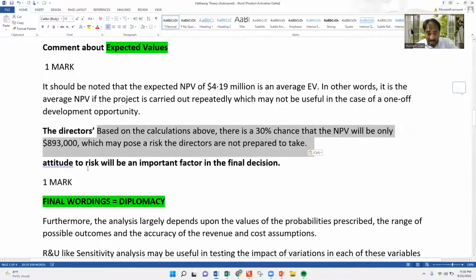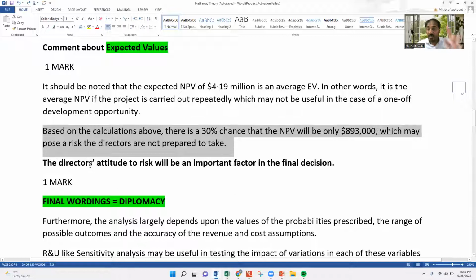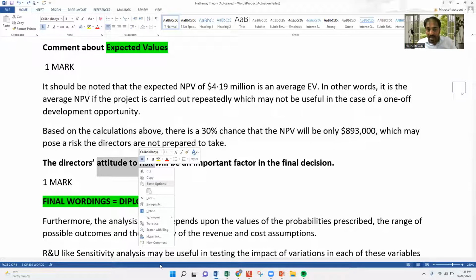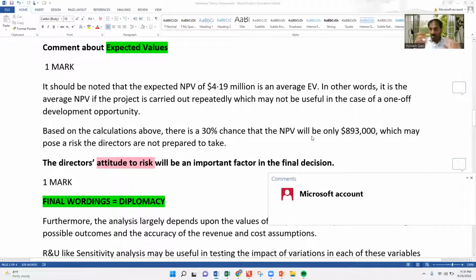The director's attitude to risk will be important for the final decision. This attitude to risk statement is not part of the question. But mark my word, if you incorporate some practical aspects relevant to the case, that is called commercial acumen.